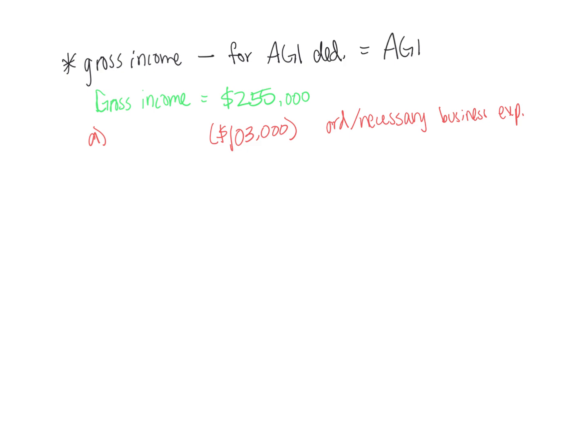All right, let's look at letter B. B says, as a salesperson, Alyssa incurred $2,000 in travel expenses related to her employment that were not reimbursed by her employer. Whenever we consider this piece of information, the amount that we can deduct is 0.